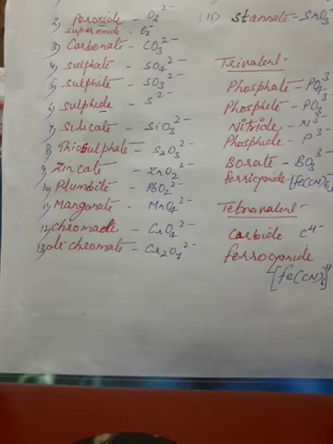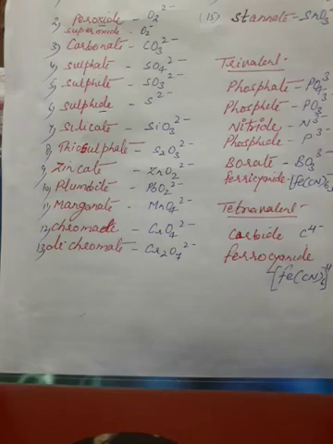Then nitride: nitrogen will gain 3 electrons to form nitride, N 3 minus. Borate also, BO3 3 minus is borate. Then ferricyanide, you will see ferricyanide and then in tetravalent ferrocyanide is there. Both will have the same formula, Fe(CN)6. In ferrocyanide also Fe(CN)6. What is the difference? Valency is different. That also you will not use in 9th standard, ferricyanide and ferrocyanide, but try to understand. It's better to learn as it is given.